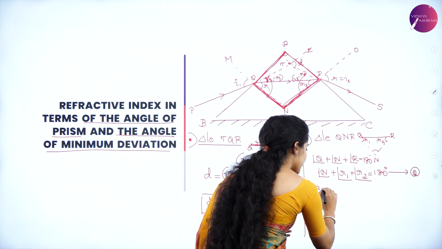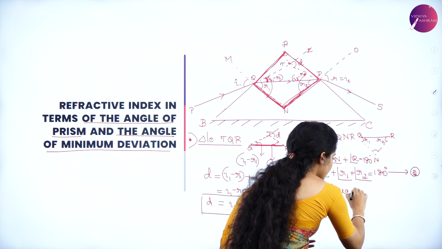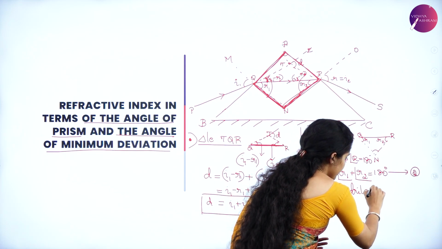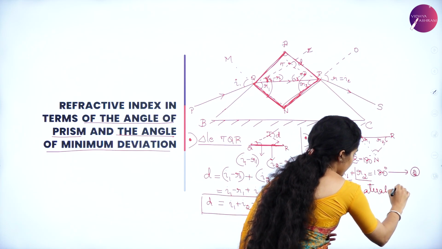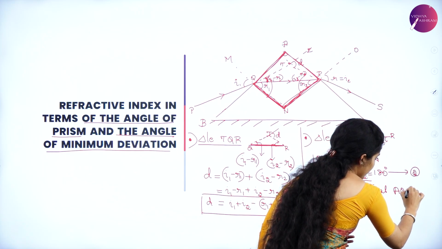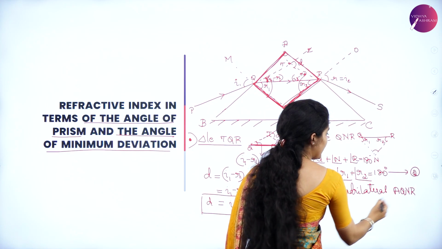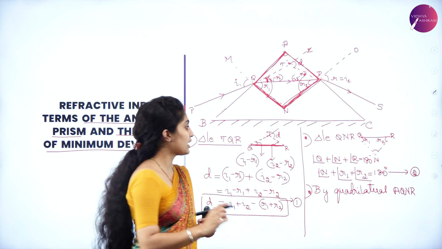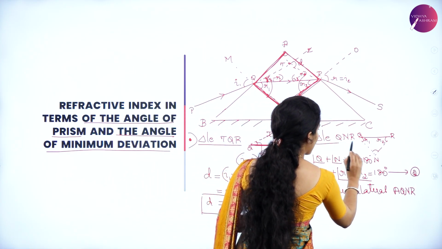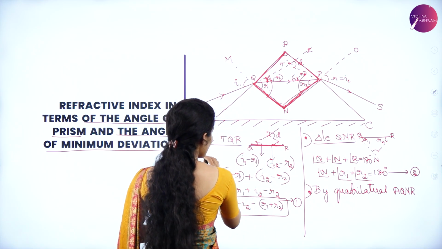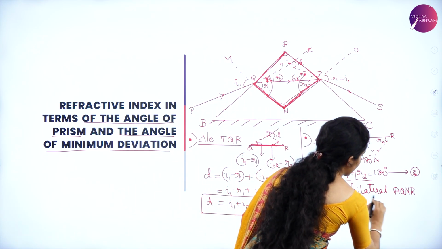So by quadrilateral AQNR, we have again using angle sum property. This is a triangle. Okay, so this is a quadrilateral.